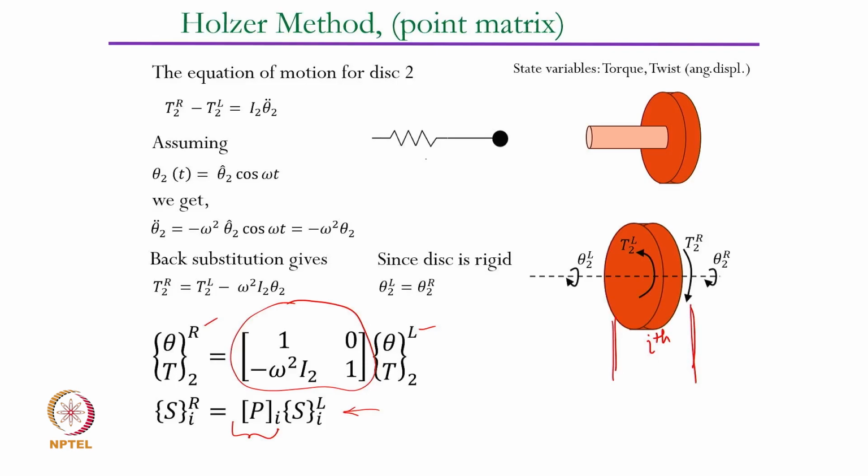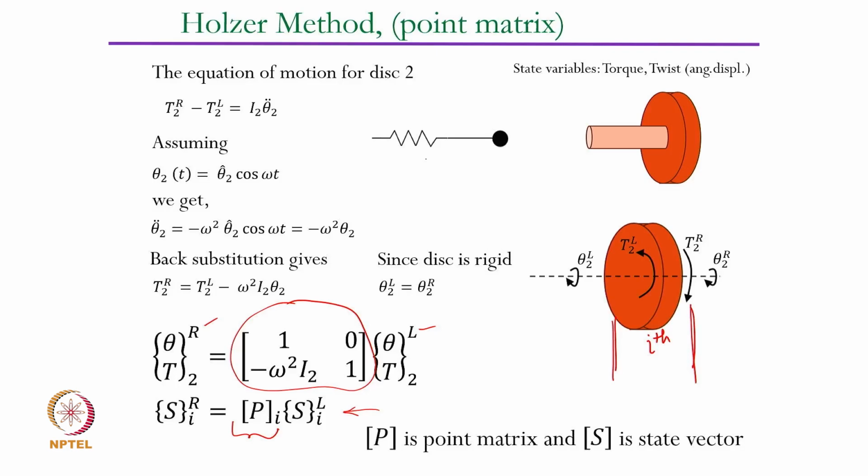The entire mass of the shaft is lumped at the disk location, as if the disk was not there. The disk is there, so you can lump the mass moment of inertia of the shaft also to the disk location, but that is a point matrix Pi. Its elements are all given here, omega square I2.